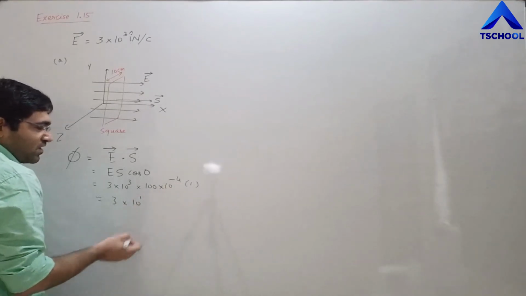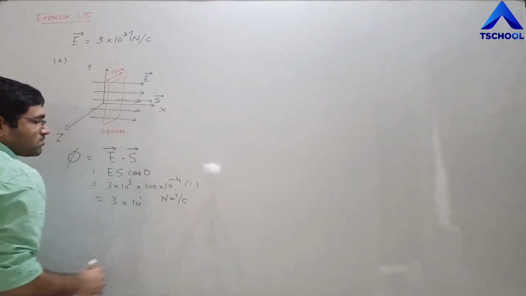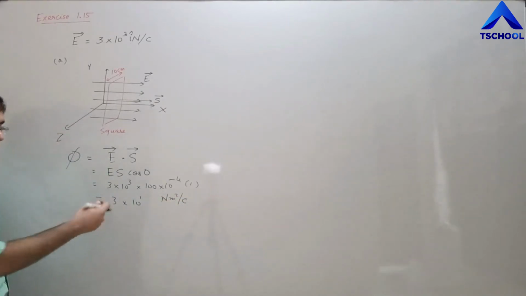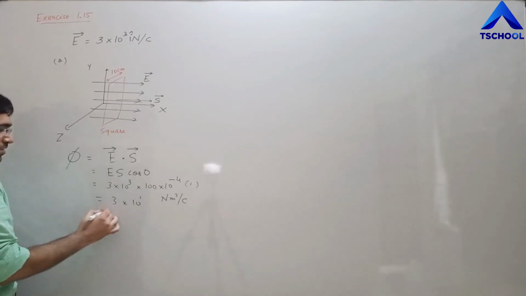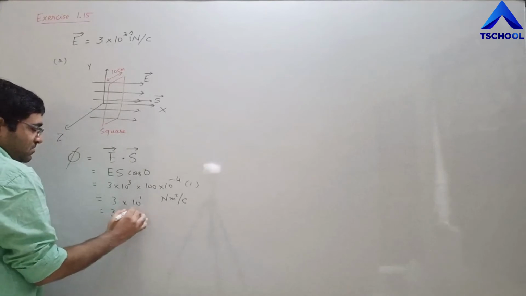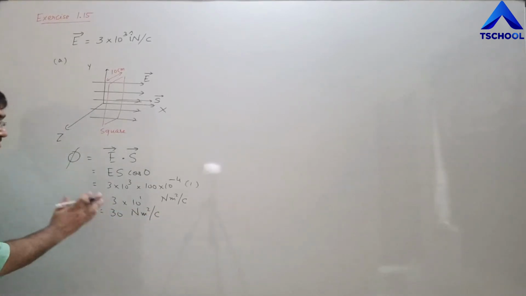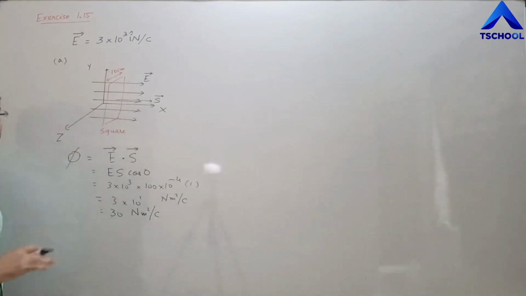The unit of flux is Newton meter square per coulomb, and flux is a scalar, so we don't have to worry about direction. Or you could just write 30 Newton meter square per coulomb. So this is the electric flux associated with that surface.